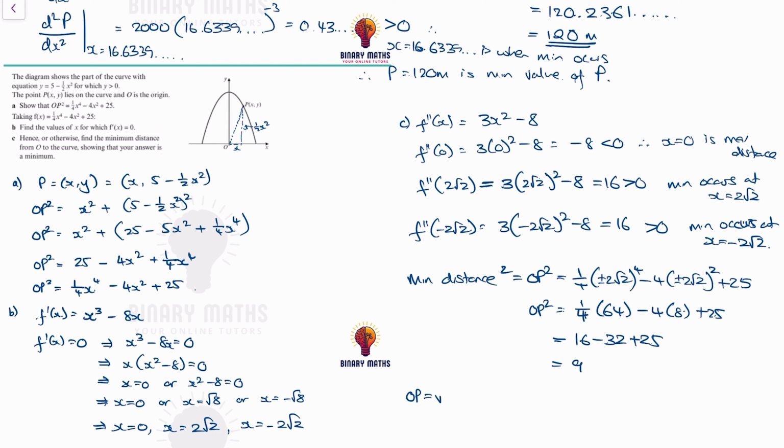OP will be equal to square root of 9, which is equal to 3. Therefore, minimum distance is 3 when x equals plus or minus 2 root 2.